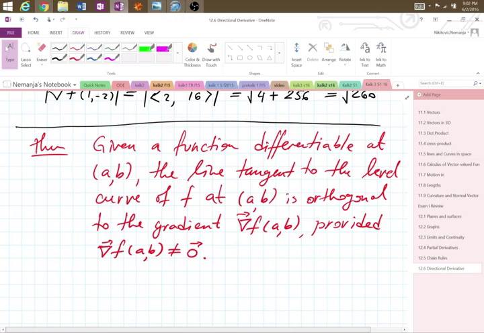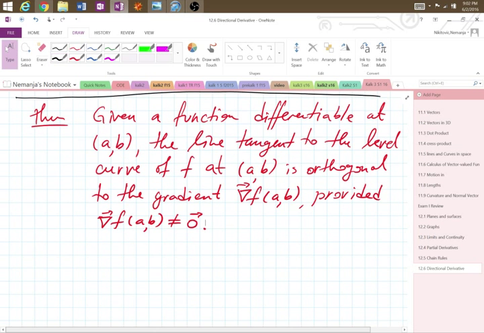So if you have the level curve, and you remember how you get the level curves, who can tell me how we get level curves? Oh yes, set z equal to a value. So we have some kind of level curve, and then you pick a point, and here's your tangent.